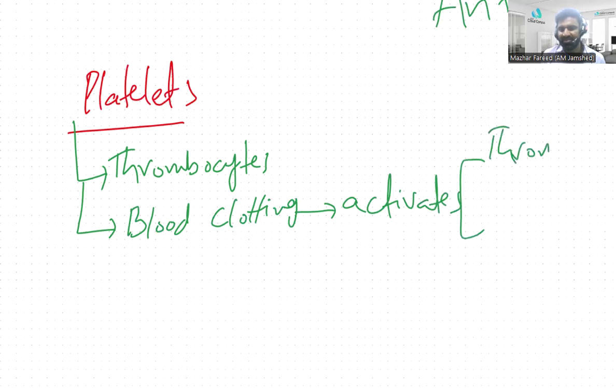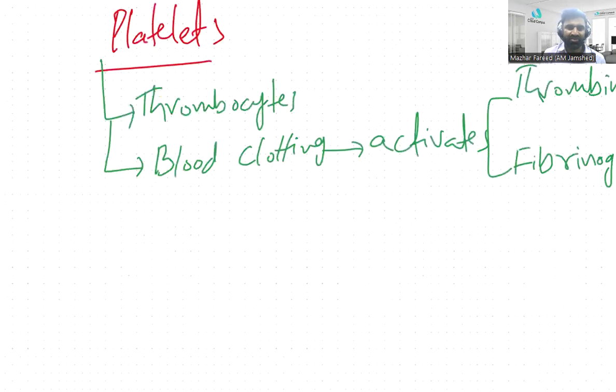These platelets are the smallest cells, and we can say they are produced from megakaryocytes.